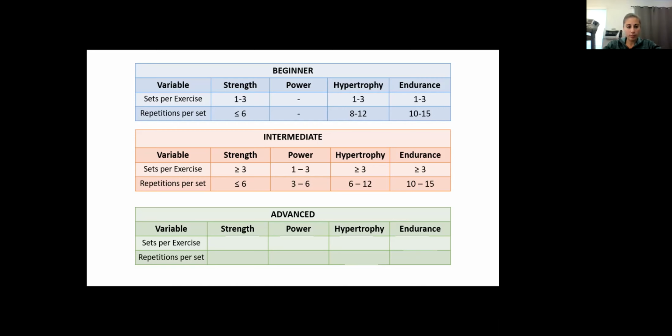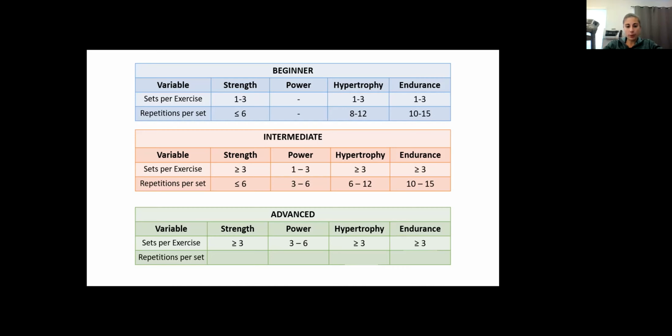Anyone awake? Yep, greater or equal to 3. That's pretty much across the board. Power puts you between like 3 to 6, because your form might start to decrease beyond 6. So greater or equal to 3 for everything except power, where we cap it at 6.